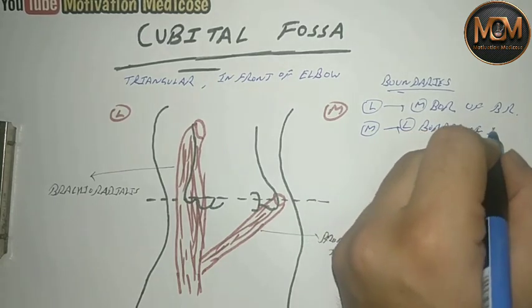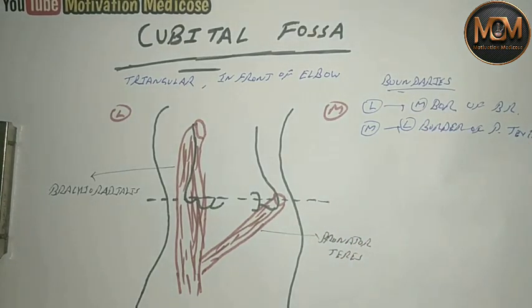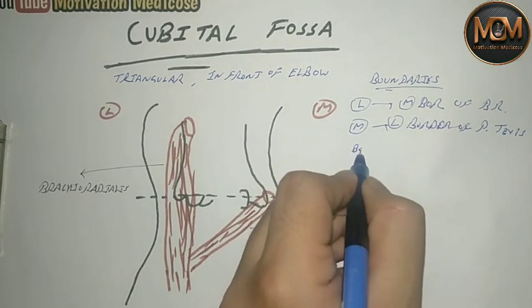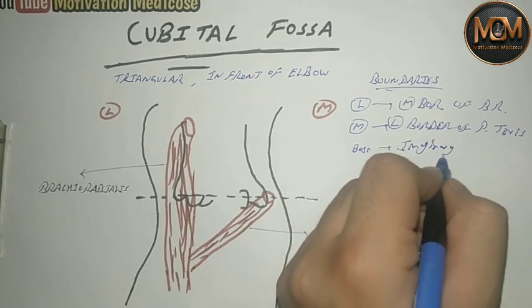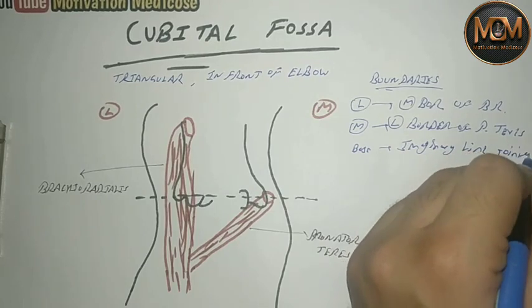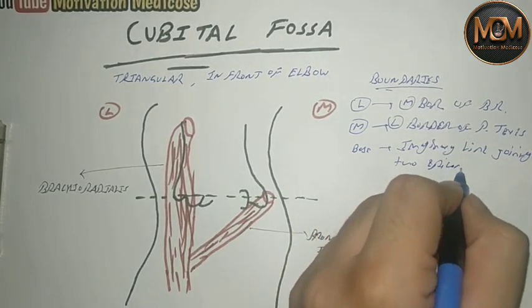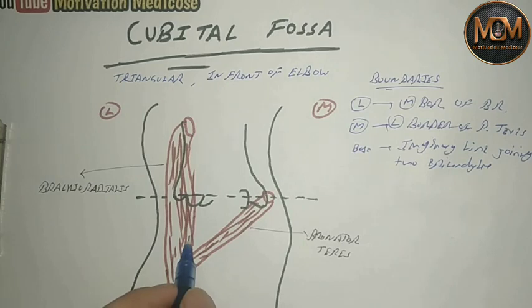The base is formed by an imaginary line joining the two epicondyles, and these two muscles join to form the apex.